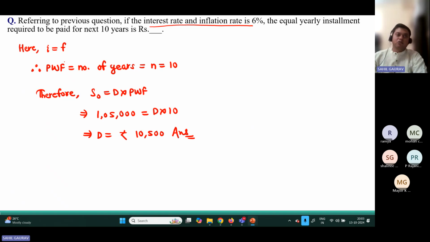So we have seen that if both are same, then this present worth factor will be equal to number of years, and number of years is given as 10. Therefore, this yearly installment will be S naught upon present worth factor. So it will be 10,500.